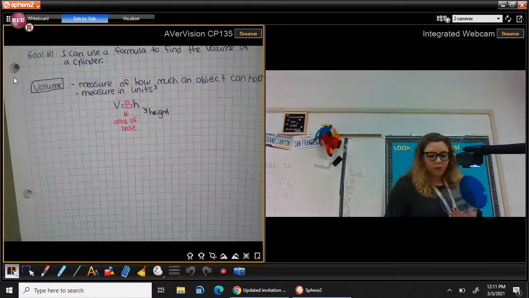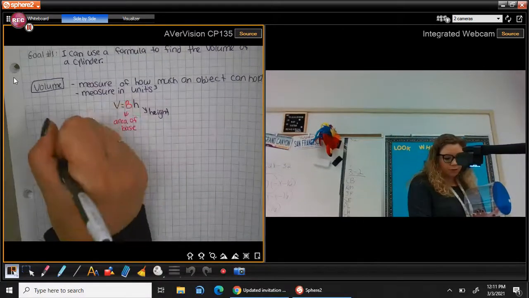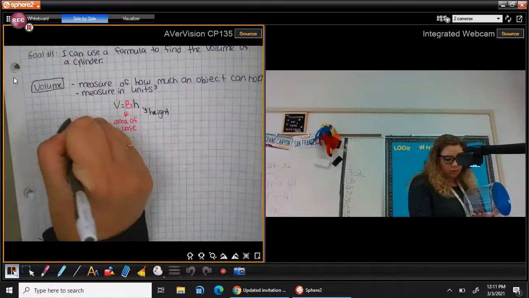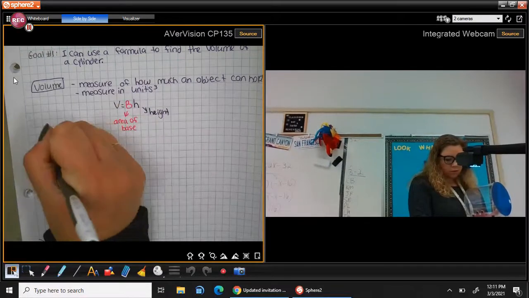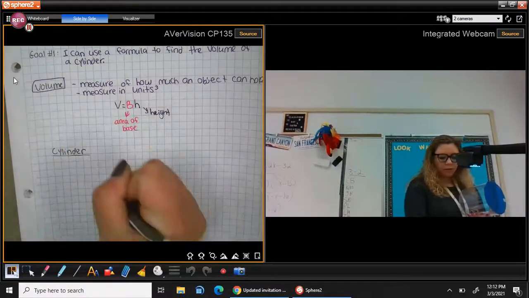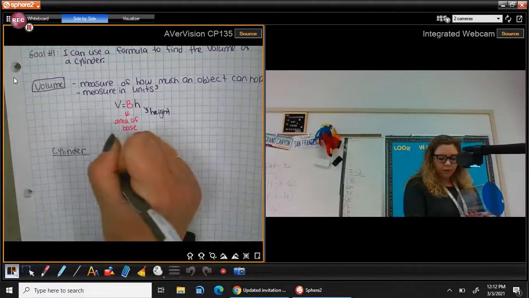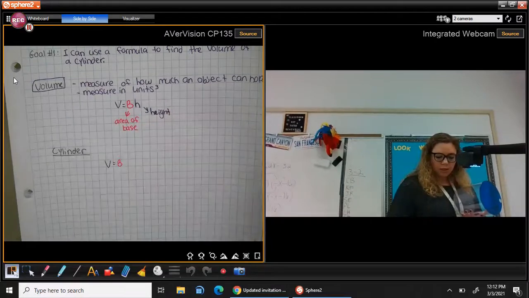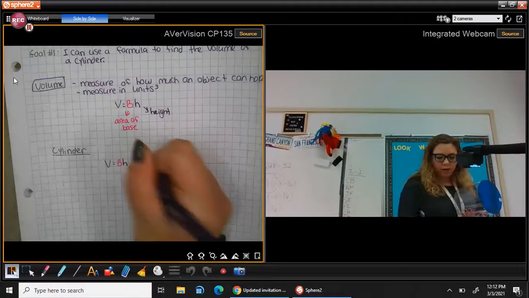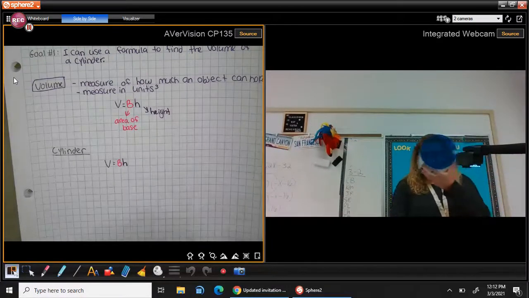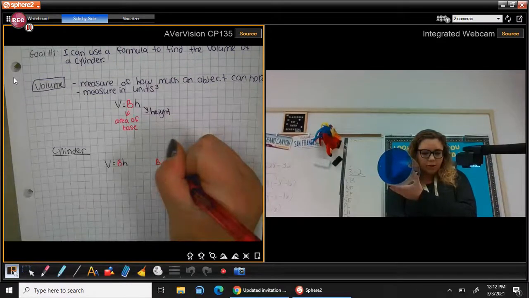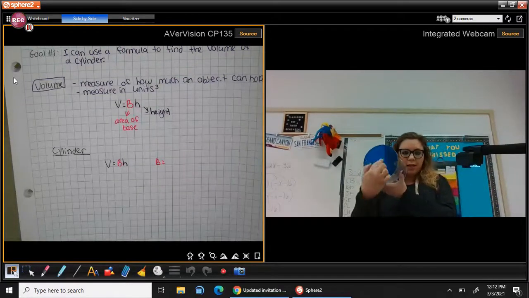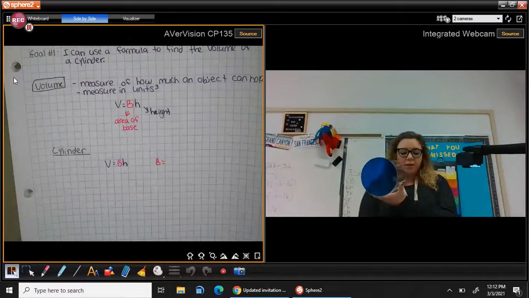So for a cylinder, I'll have V equals B times H. To find B, remember B is your area. What is the area of this circle? How do you find it?